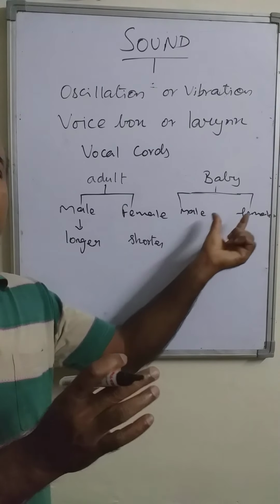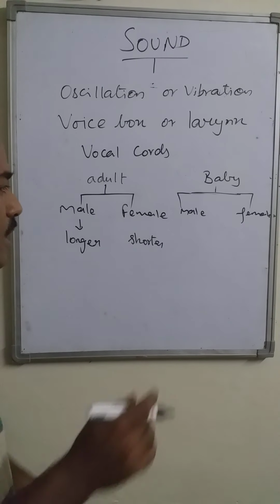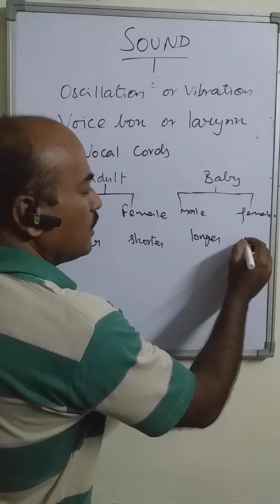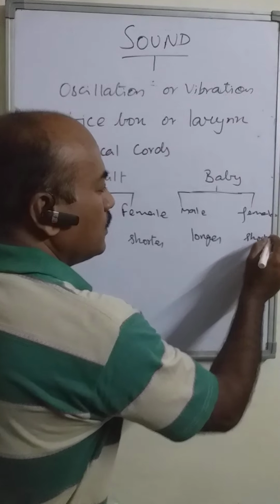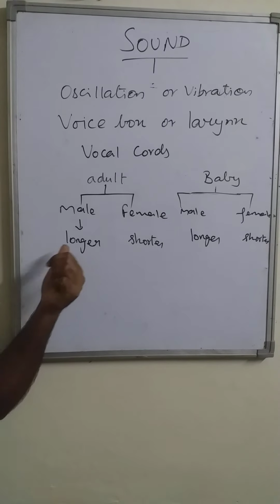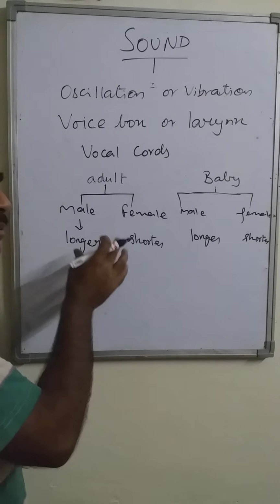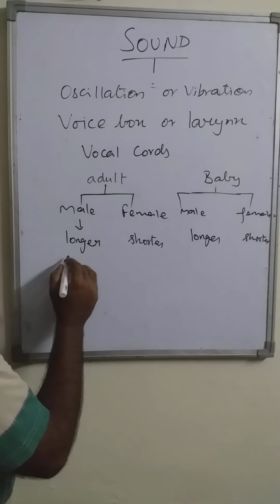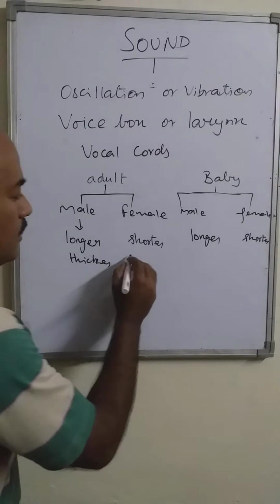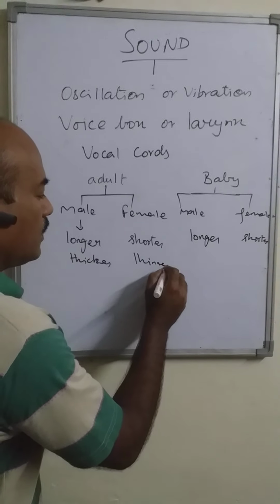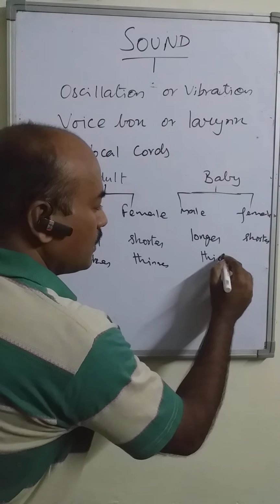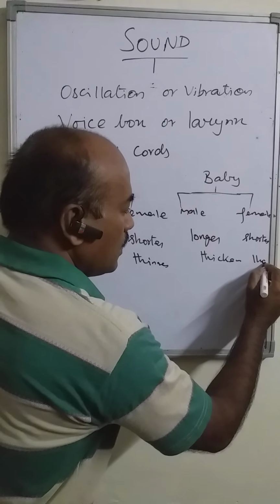But in these two categories, in male baby it is somewhat longer than in female baby. Coming to the thickness, in male it is thicker than the female, which is thinner. In the baby categories also, male is somewhat thicker than the female.